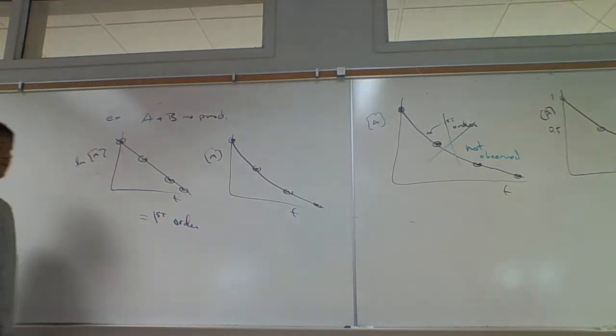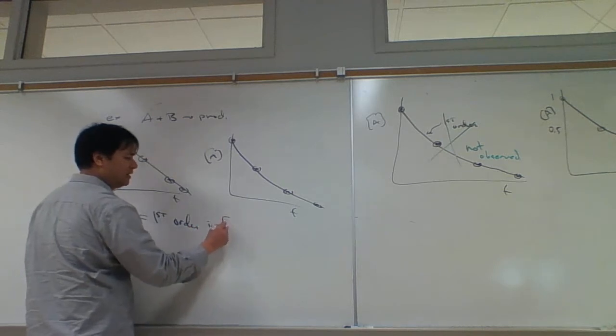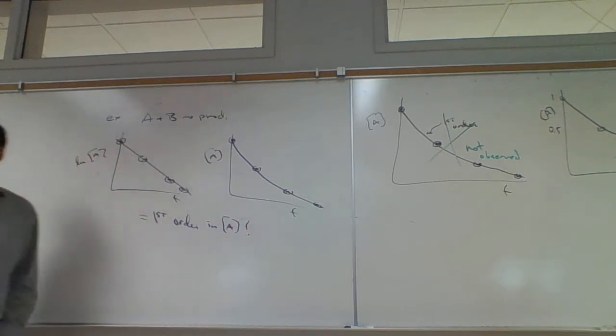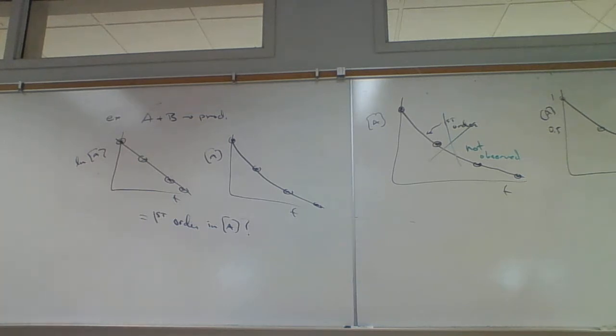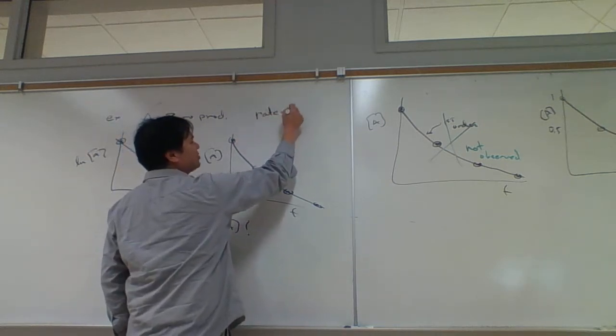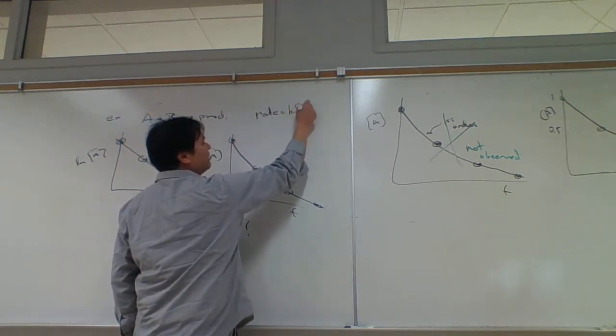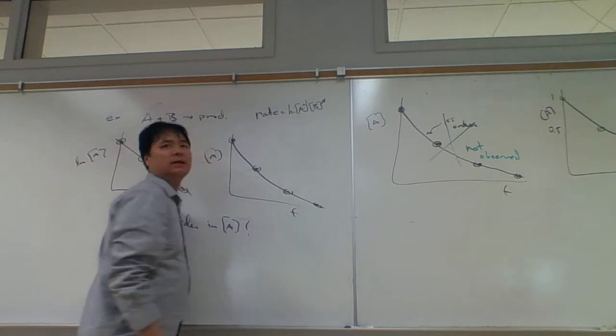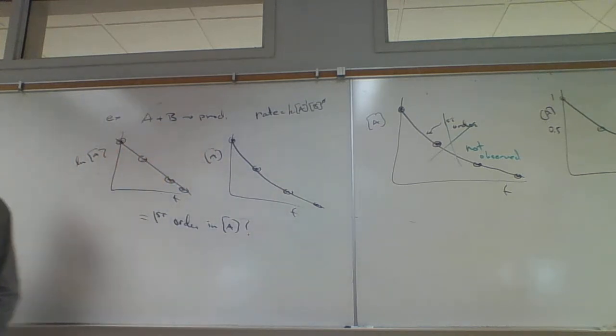But can I say it's first order in A? No, I can't, because I don't know this. I don't know if this is first order in A. If it's first order in A, then it must be what order in B? It's got to be 0 order in B, because what I observe is the overall order, which is first.